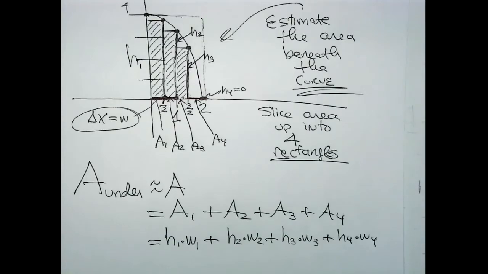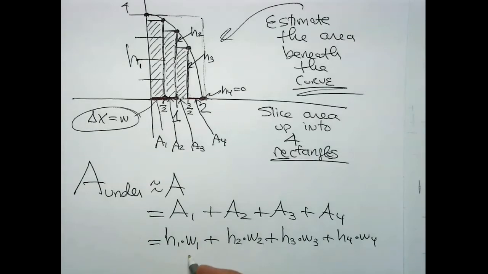Now, it turns out that the way we've sliced this up, all of the widths are the same. That makes the problem a lot easier. And we call these widths delta x. They're all delta x.